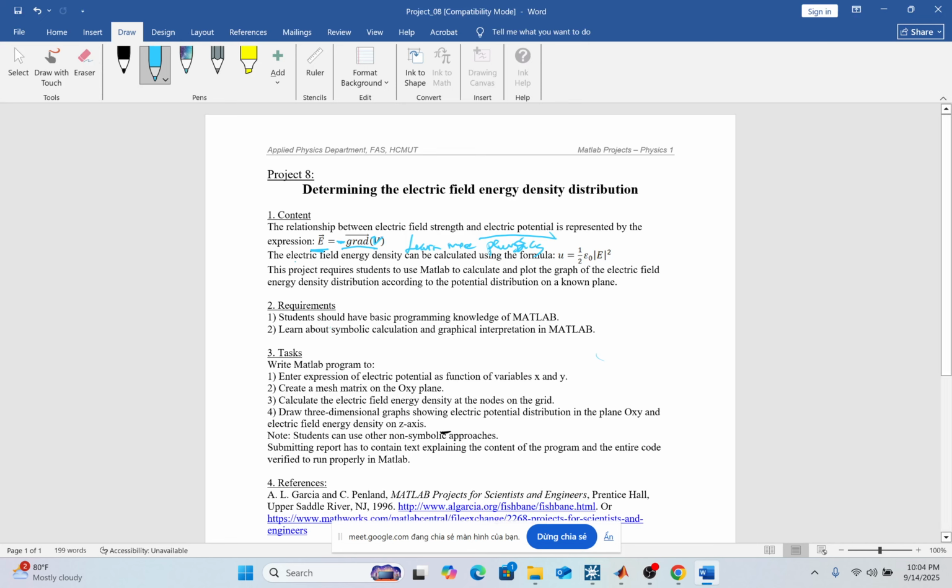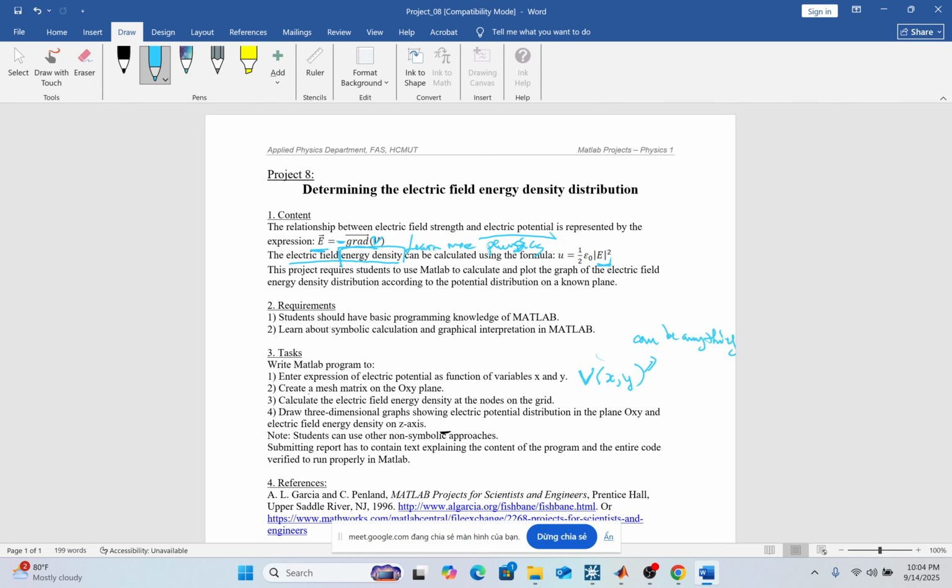Okay, and this also gives us a formula to calculate the energy density using the E vector. You will have to allow the user to input v, x and y. It can be any function.